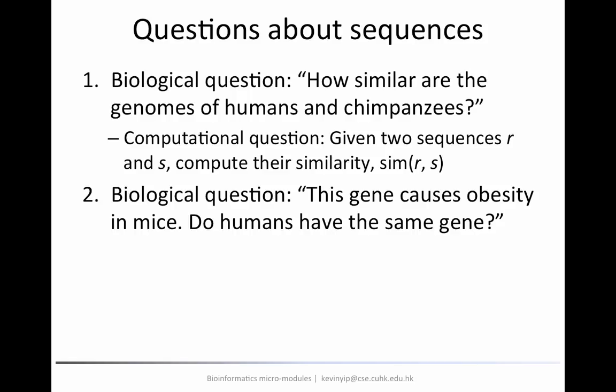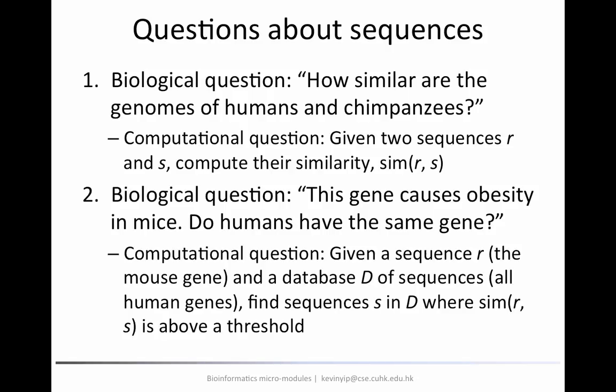In another situation, suppose that we have found a gene that causes obesity in mice. Of course, we are interested to know whether this gene is also present in the human genome. So how do we find that out? Essentially, we can also represent this as a computational problem, where we have a sequence R, which is the mouse gene, and we have a database D of sequences, which are the human genes.